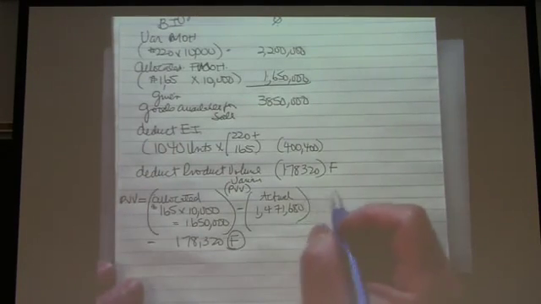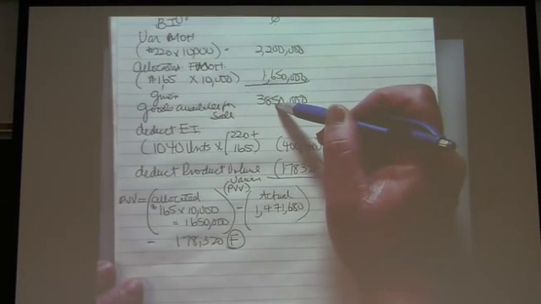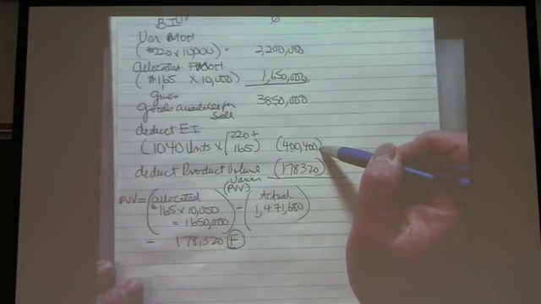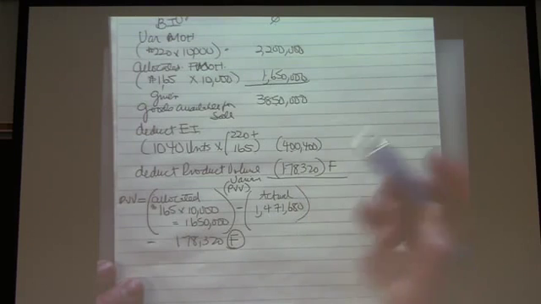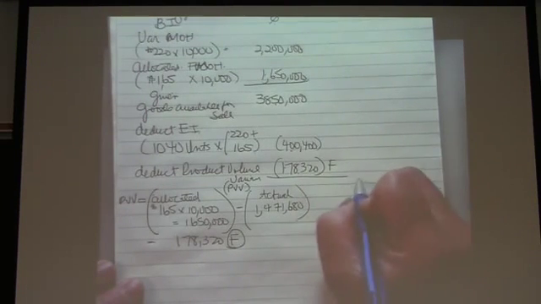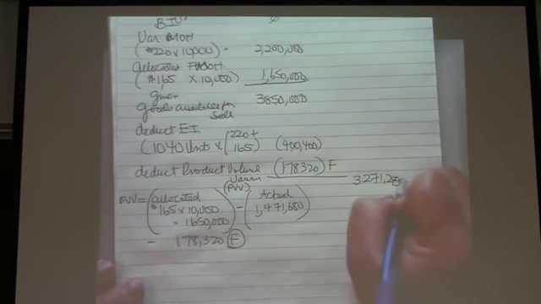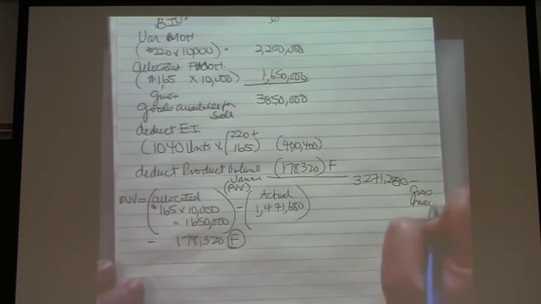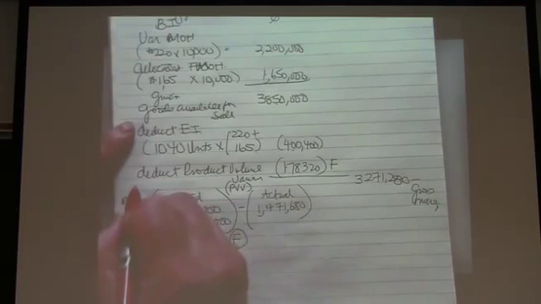So we take the goods available for sale, subtract 400,400, add 178,320 to give us 327,180. And this is gross margin. Let me put these aside.